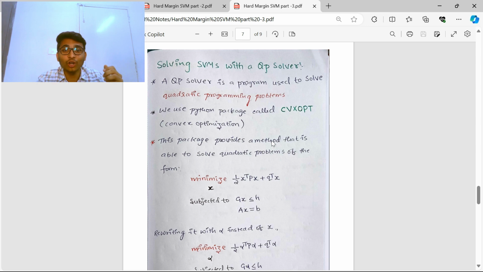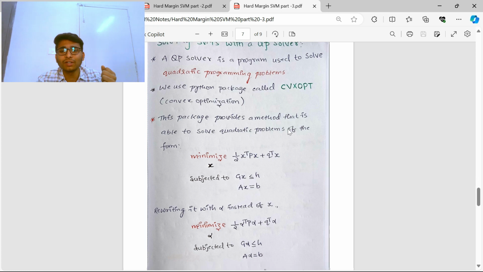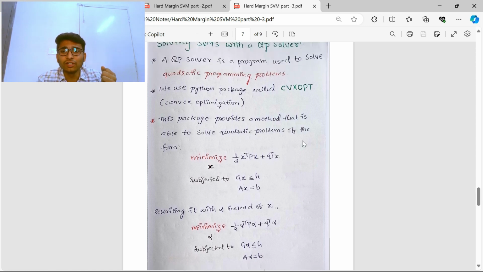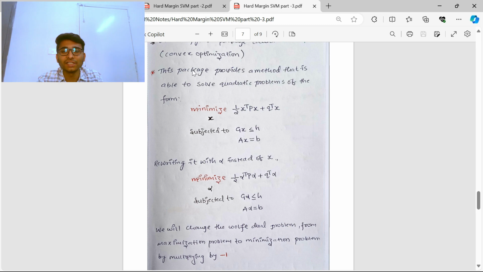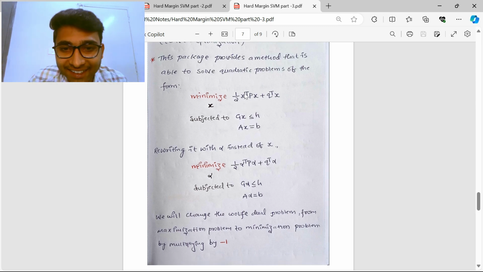Before going to the code, we want to formulate it. Solving the SVM with a QP solver, which means a quadratic programming solver, because it is a quadratic programming problem. CVXOPT is nothing but a solver for convex optimization problems. It solves minimization problems which will be in this form. It is not looking like ours, right?